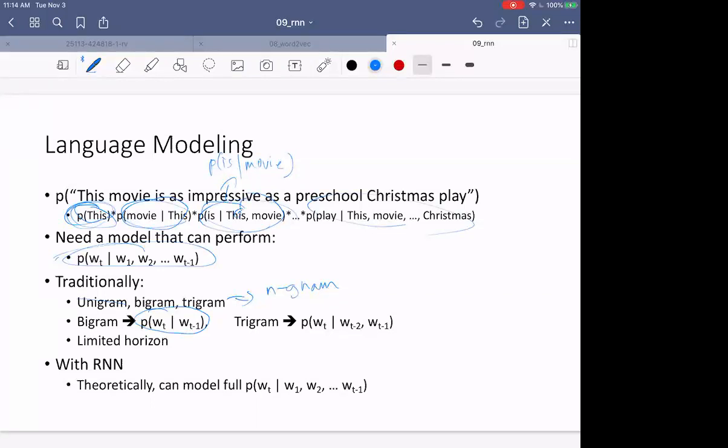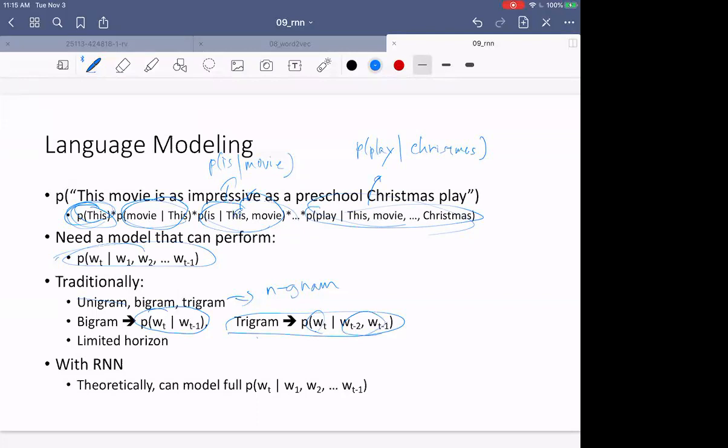So this is gone, and then this will of course be transformed into P of play given Christmas. That is the bigram approach, and you can go trigram as well. With trigram, the probability of the current word depends on the two previous words, right?